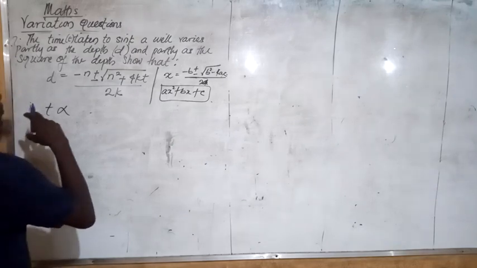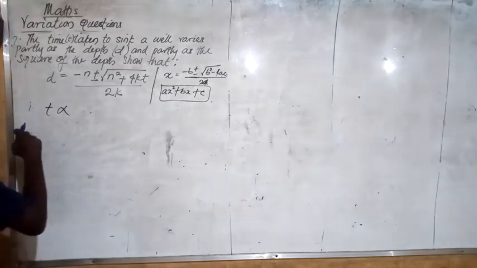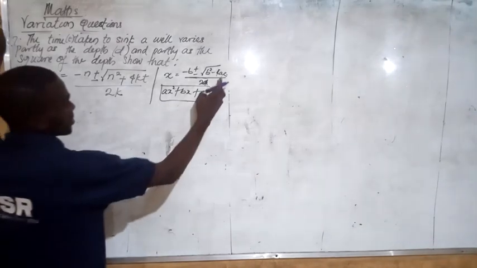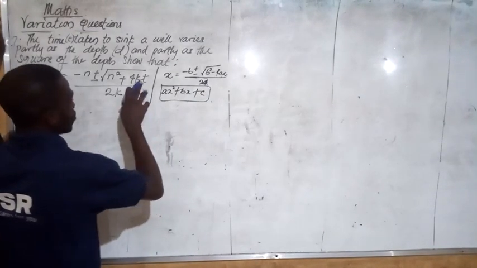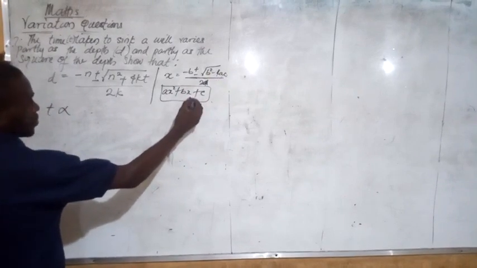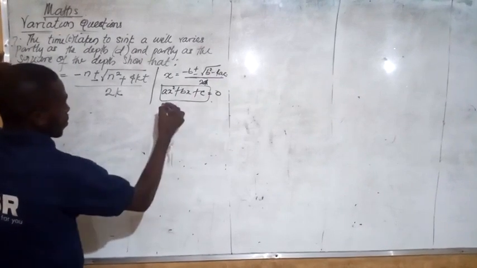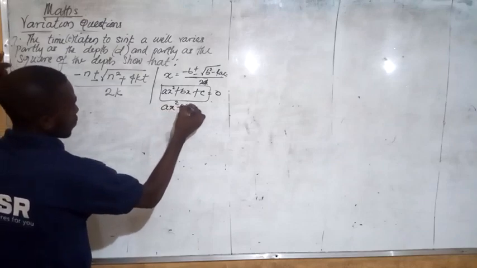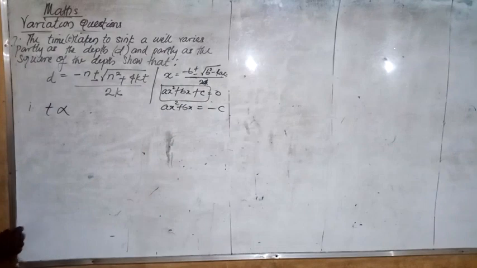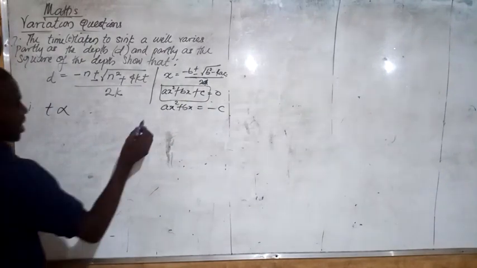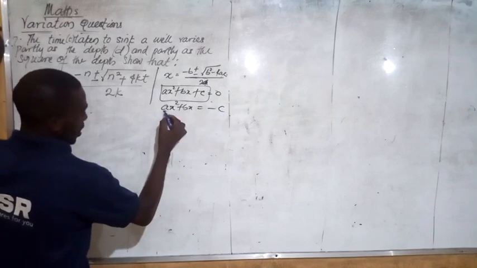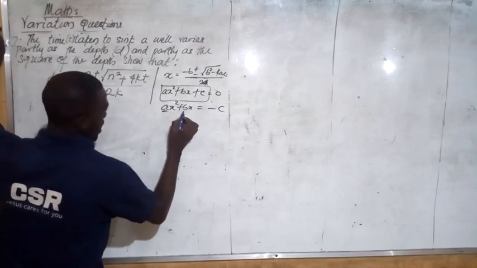So t is representing the c here. If you look at it here, this is where c appears. So if we equate this to 0, we're going to have ax squared plus bx equals minus c. That is, we take the constant to that side. So our constants will be a and b.